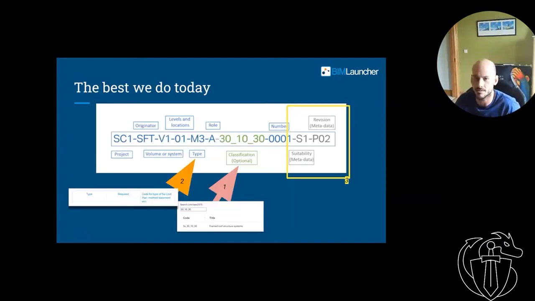The other means of exchanging information between these different systems is attaching the metadata to the information container via its file name. What we're looking at here is the ISO 19650 file naming convention.